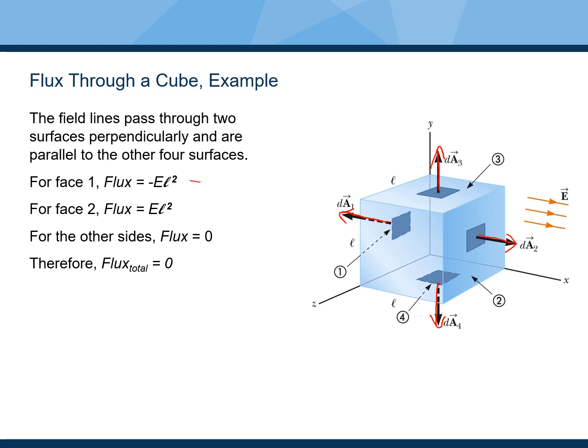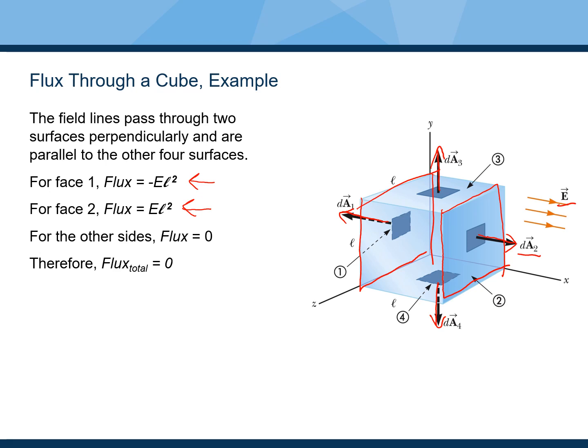Therefore, if the length of the sides of this cube is L, then L squared is the area associated with this face, and the electric flux going through this face is in fact negative. You can do the same with this face out here and realize that now dA2 and E vector are aligned, namely cosine of theta is cosine of 0 degrees, which is equal to 1, and therefore for face 2 you have a positive flux.